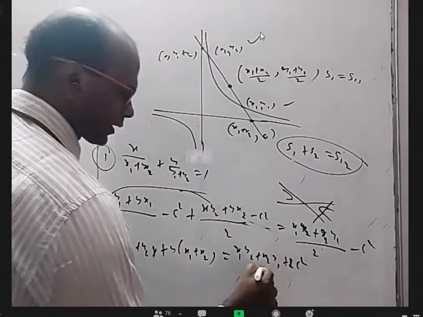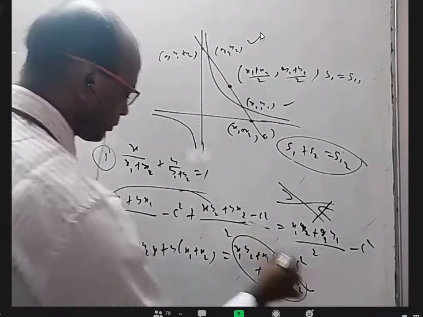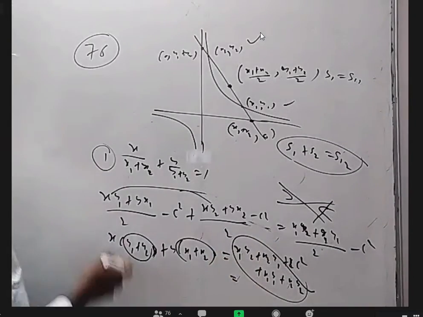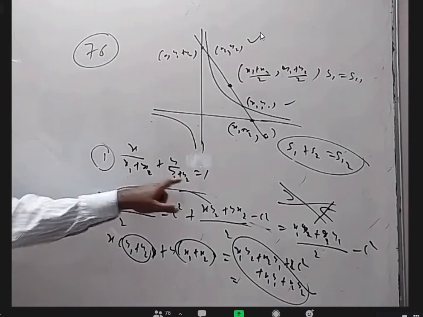One c square I can write as x1 y1, another c square I can write as x2 y2. Then this will become the product of these two. Okay, then you divide it, you will get the answer. Like that also you can do it, but I like this method.